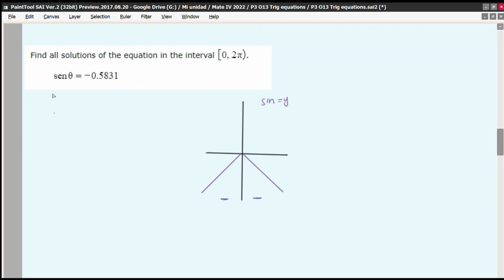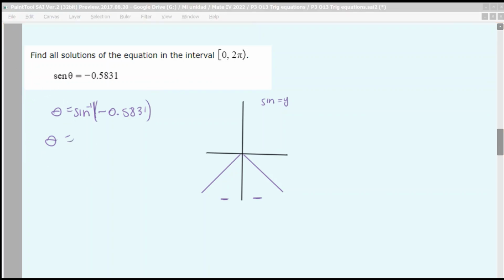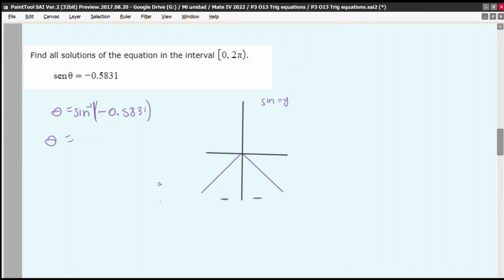Why? Because sine equals y, and sine is negative in these two quadrants. Now, to find the value of theta, we are experts now at applying sine inverse, and if I plug this into the calculator, this is going to give me theta equals, let's see, negative 0.62. And remember, I don't like reference angles being negative.